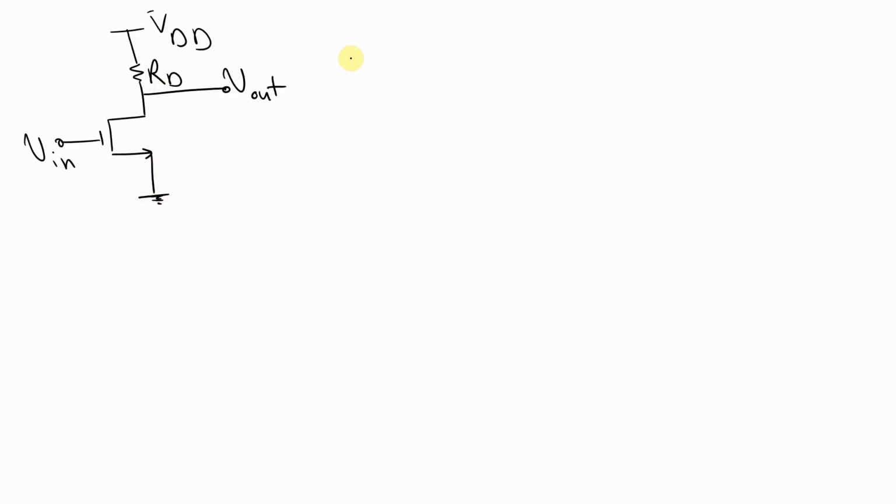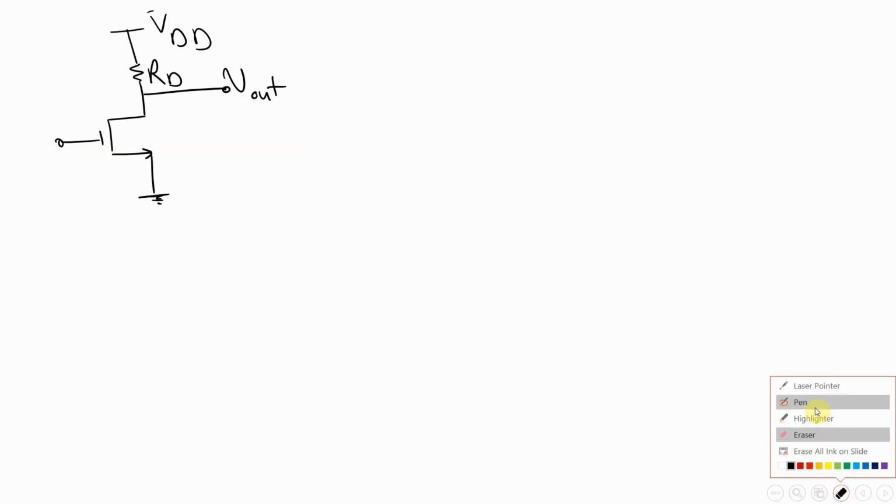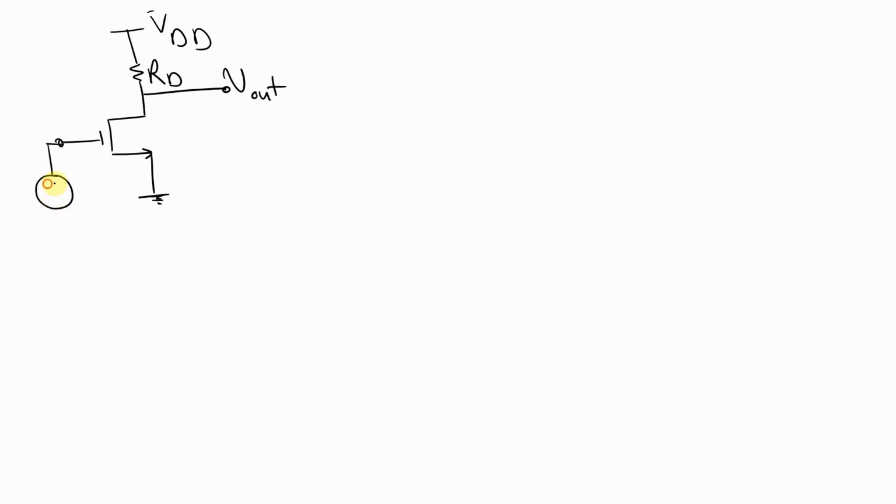The first assumption is that, let me just make it a better real example, because when I write it as V in, it doesn't imply everything. V in, I can separate into two different sources. There is plus minus VGS of this device as a DC bias for this device to operate in saturation, and there is a small signal parameter V in.